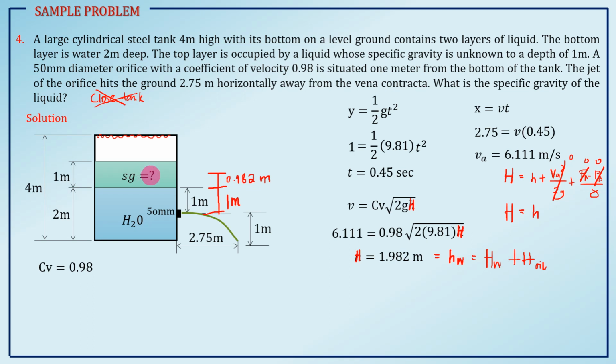Ayan. So, we have to use the 0.982 meters and yung another height na given na originally 1 meter, para mahanap natin si SG, using si Saha Baha. O yan. So, SG1H1 equal to SG2H2.